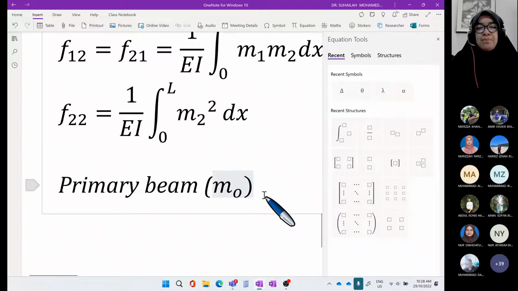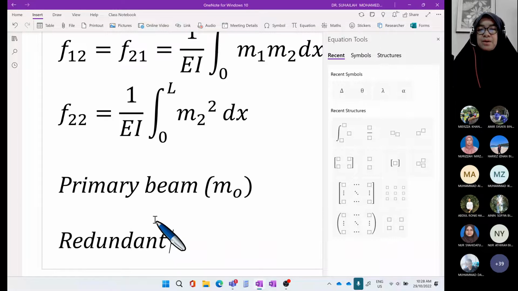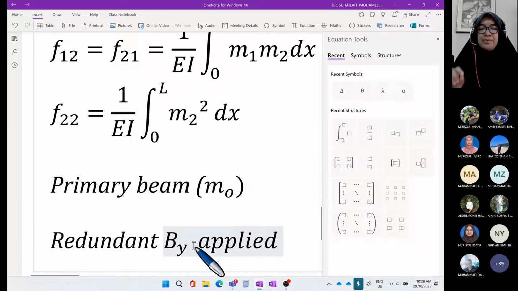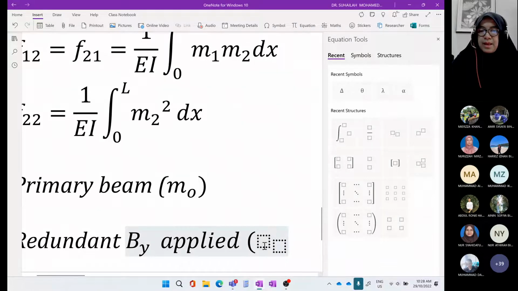The second system is for redundant BY applied, and since it is redundant number 1, it is M1.